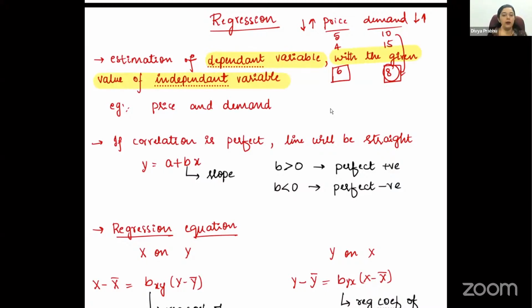Now, in price and demand, can you tell me what the dependent variable is and what the independent variable is? Can you let me know in the chat?